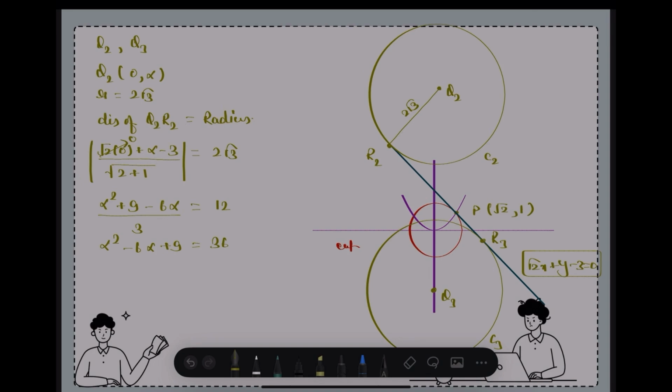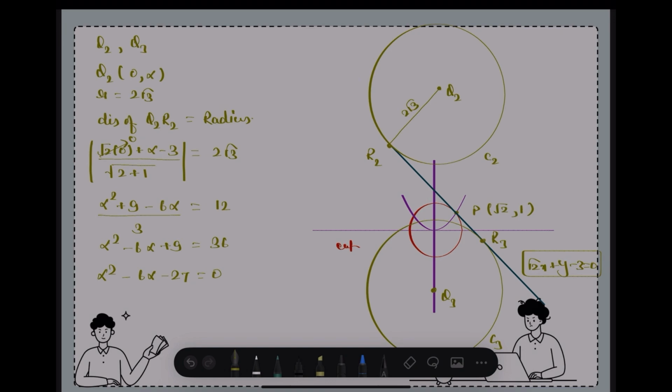Now if this 36 comes this side, it will become negative, so it will become minus 27. Correct, no? Like if you add this 9 to it.